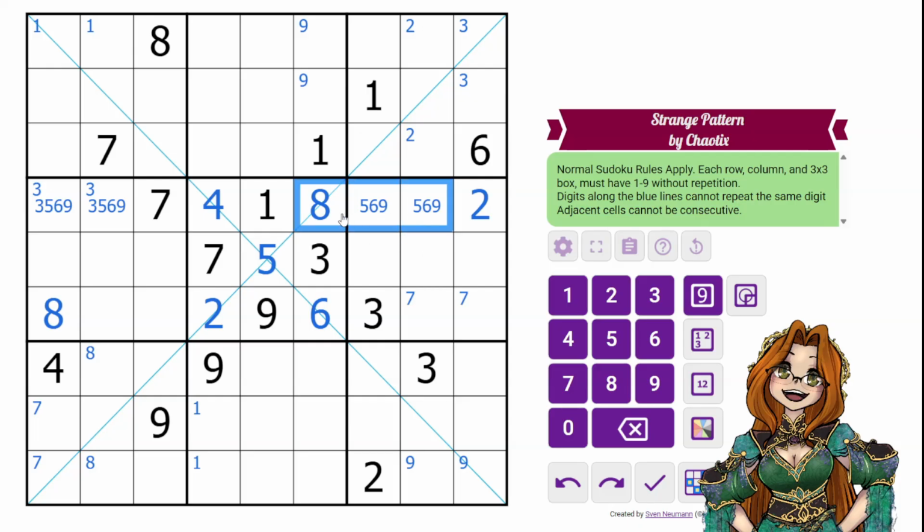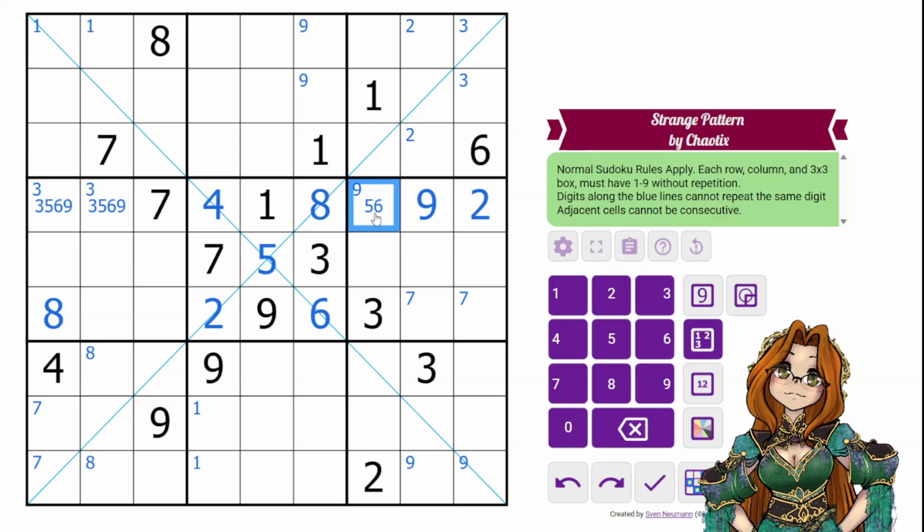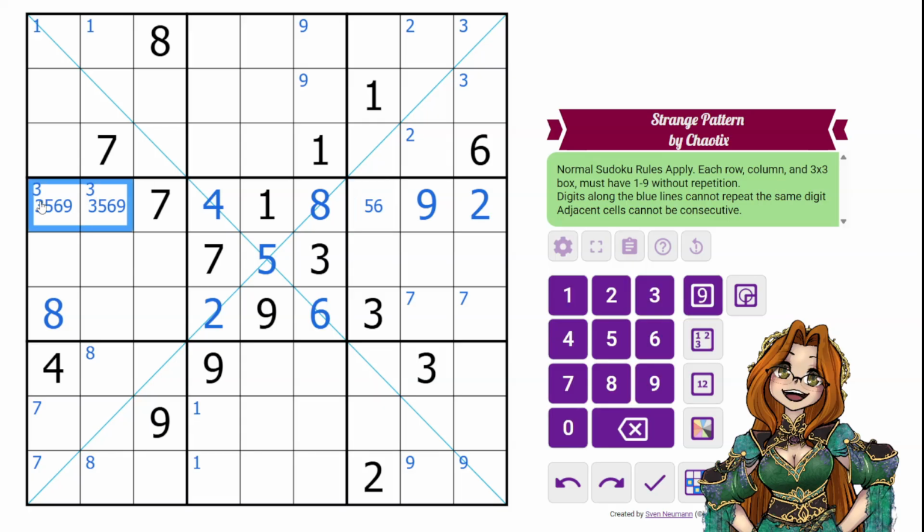So this here can't be 5 and 6. It can only have 5 or 6, which means the other number that has to keep them separated is a 9. There has to be a 9 in this domino, and it cannot go next to the 8. So we can do that there.